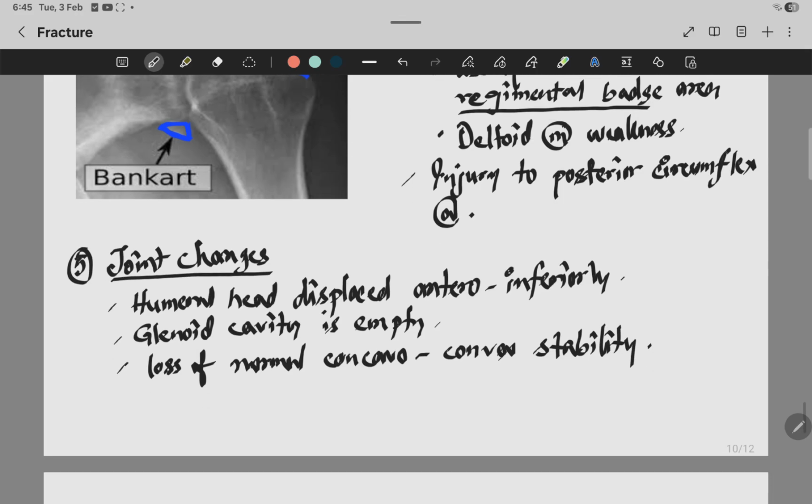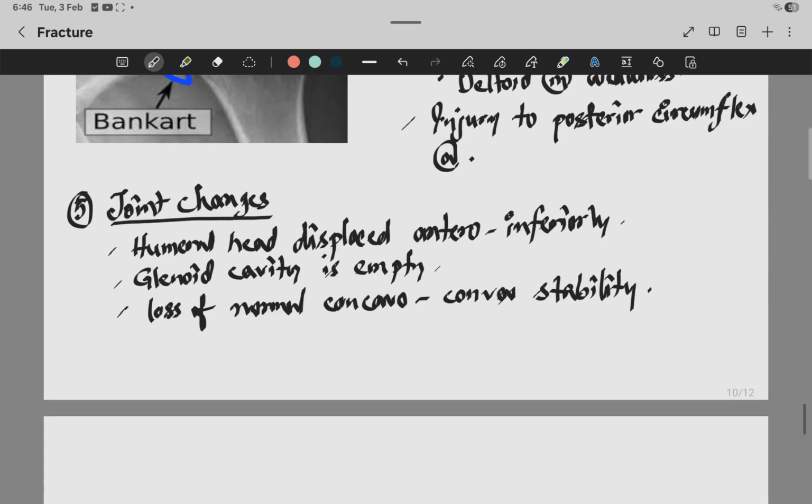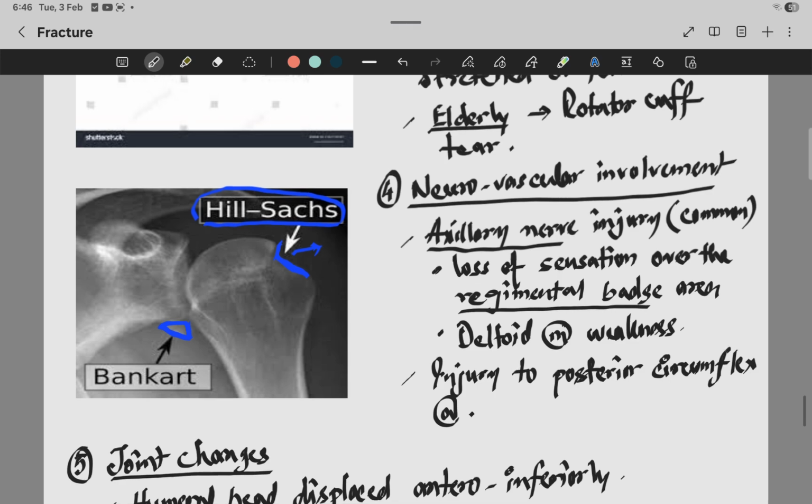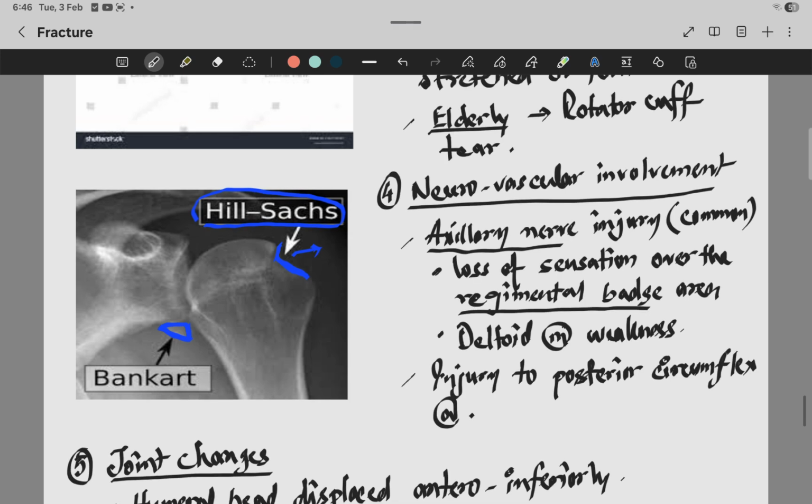Okay, so these are the pathoanatomical changes during shoulder dislocation.